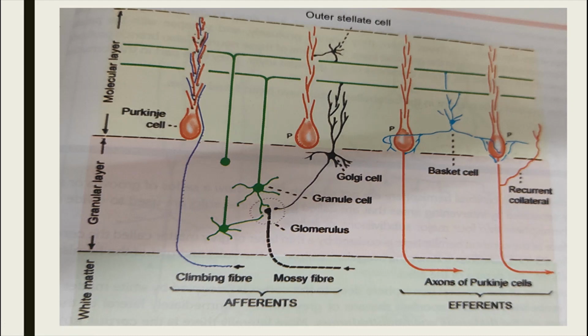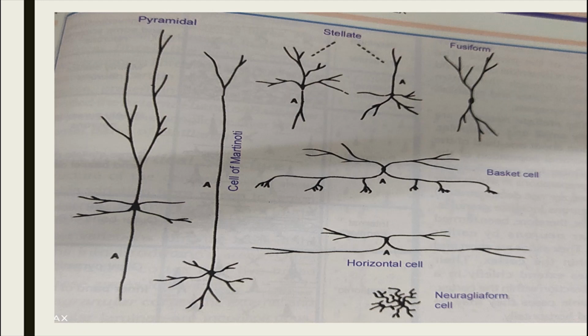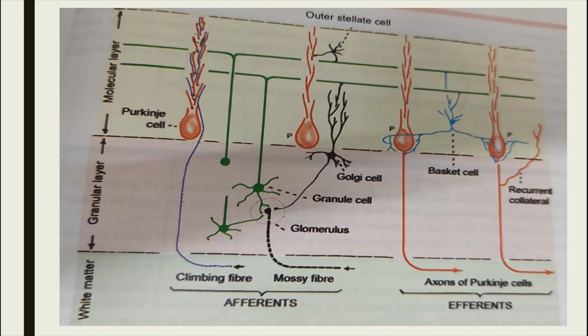This was the diagram showing the afferents and efferents of the cerebellum. Actually, it was misplaced. This is how I kept it here, because this is how a cerebellum appears with its outer molecular layer, intermediate Purkinje cell layer, and inner granular layer.